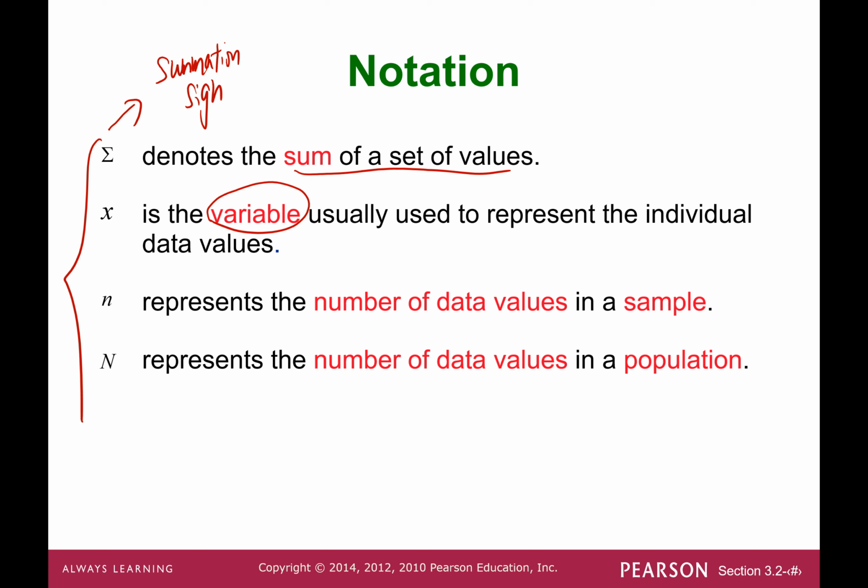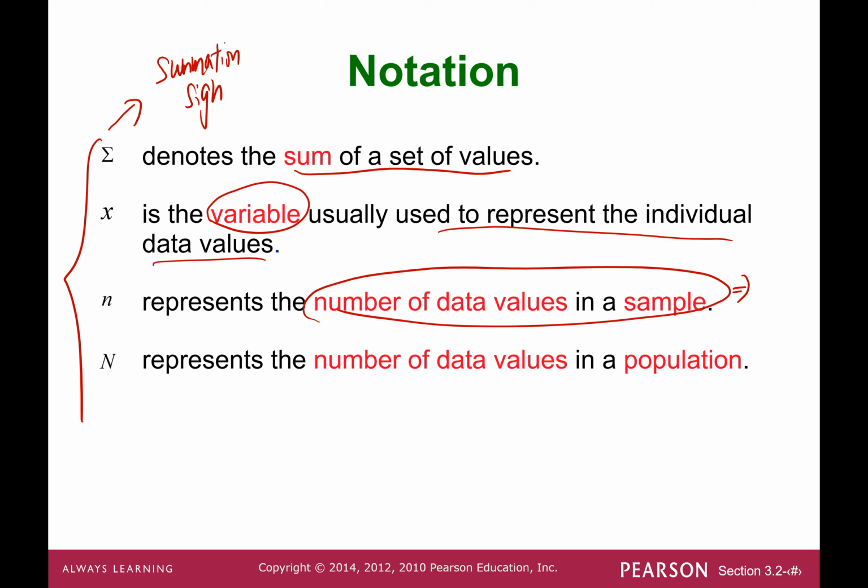So it's a variable used to represent the individual data values. Lowercase n is the sample size, representing the number of data values in the sample. And the capital letter N represents the number of data values in the population. You can also call that the population size.